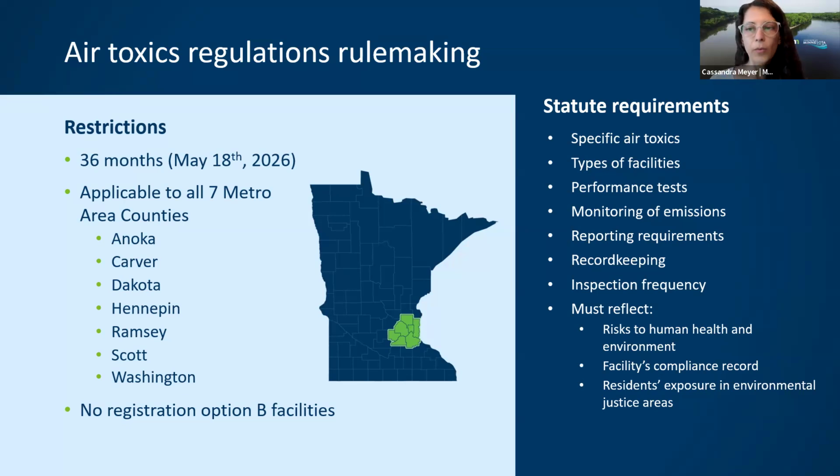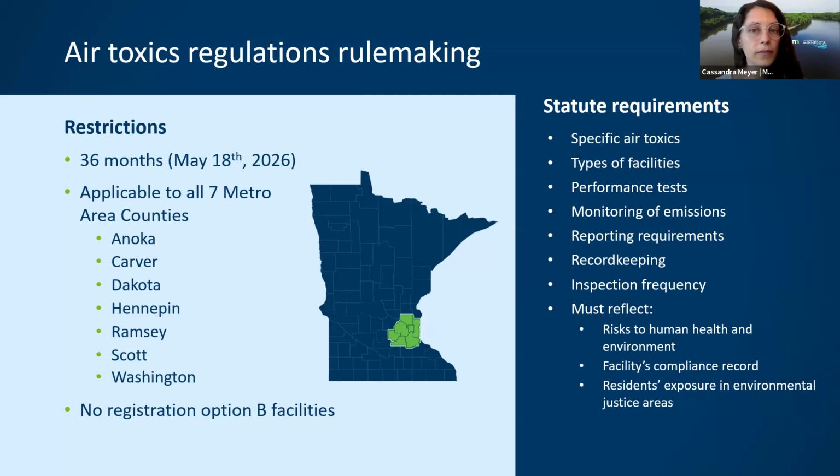And registration option B permits are for sources that purchase or use less than 2,000 gallons of VOC containing materials on a calendar year basis. In the metro area, these are mostly auto body repair shops. On the right side of the slide, these are things that we are directed in the statute to address at a minimum, and that specific language is in the statute as well.